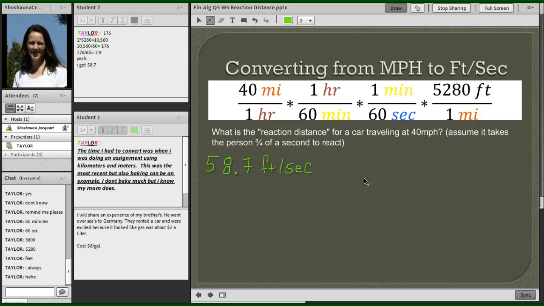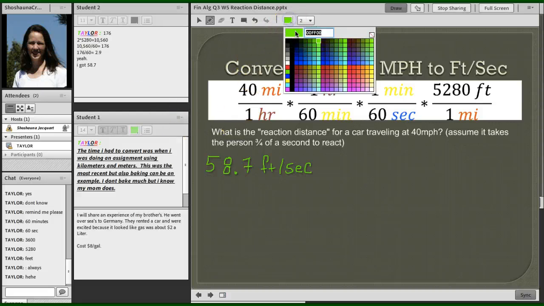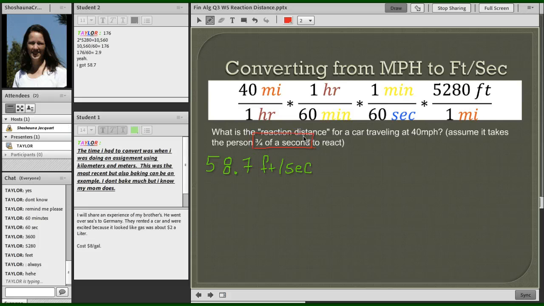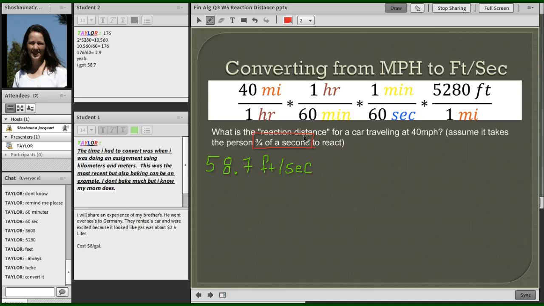Okay, and with this, we're going to assume that it takes 3/4 of a second to react. What do you think that has to do with it? What are we going to do with that information? I like that you're eager to convert some more. Okay, so I'm going to write a really small formula.